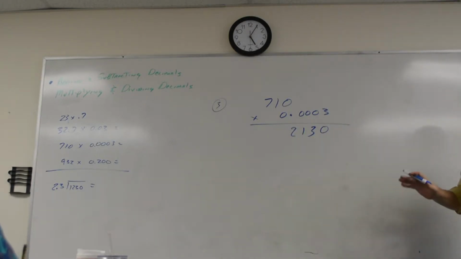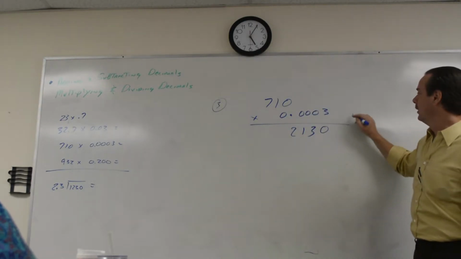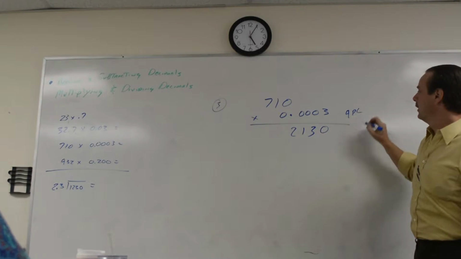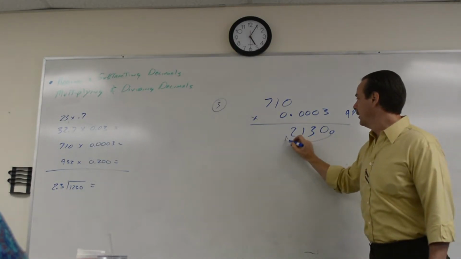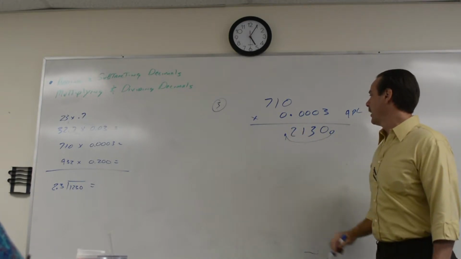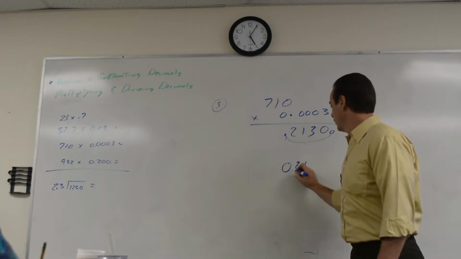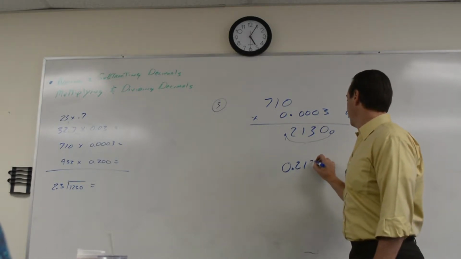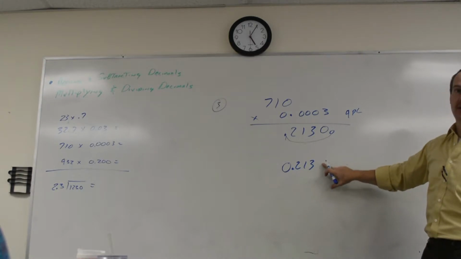Now we count the digits to the right of the decimal. Over here we don't have any, so that's simple. Over here we have 4, so it's 4 places. The decimal starts here. We move it 4 places to the left. It goes right there. We add a 0 to it, so it's 0, 2, 1, 3, and we could actually drop this 0 off because it doesn't add any value here.